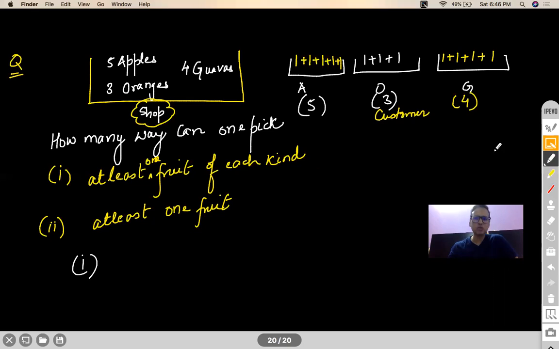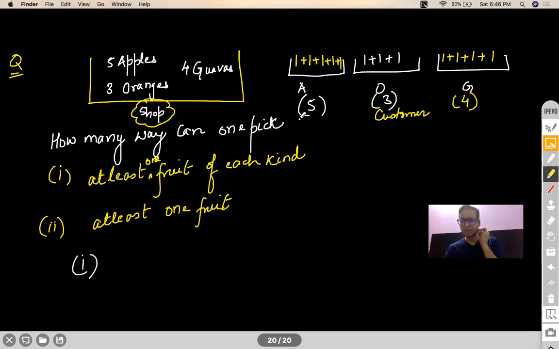Okay, now what should I do with these numbers? Should I add them or should I multiply them? Now, some people have added them. When you add them, it means if you just pick up one apple or two apple or three apple, your job is done. Is that the case, Vaibhav? And same goes with Aditya.